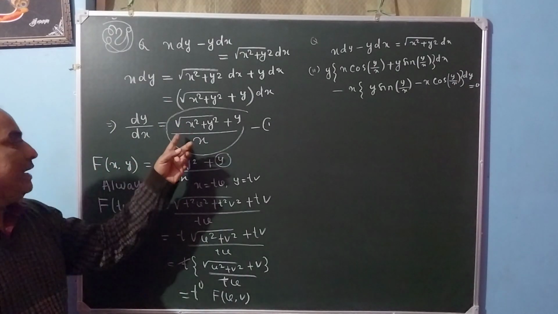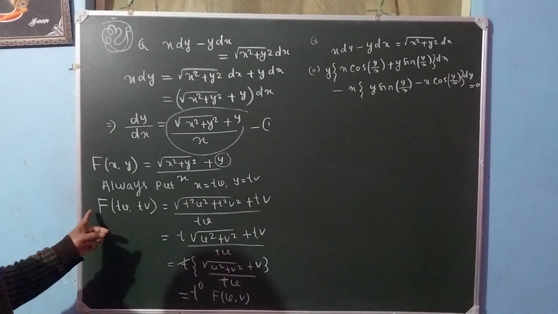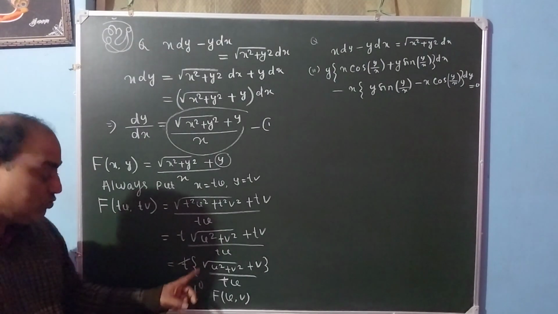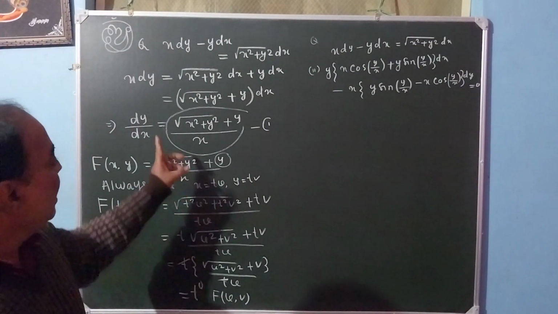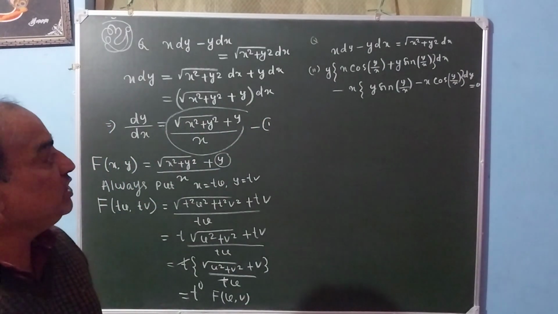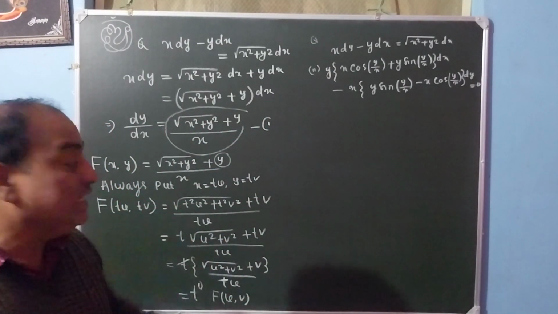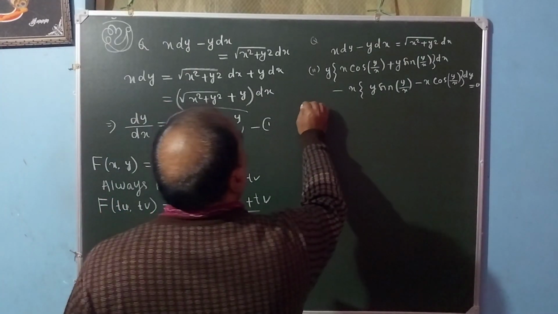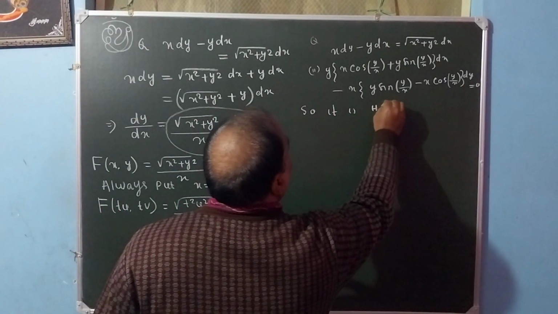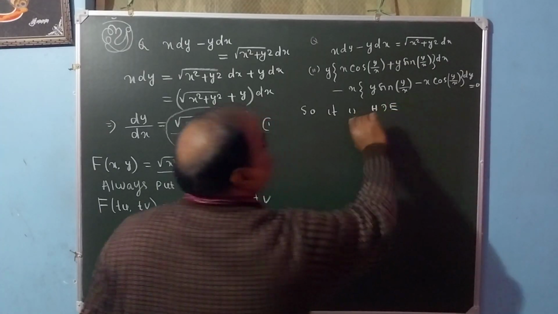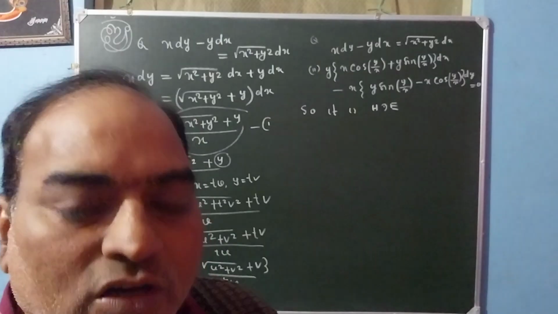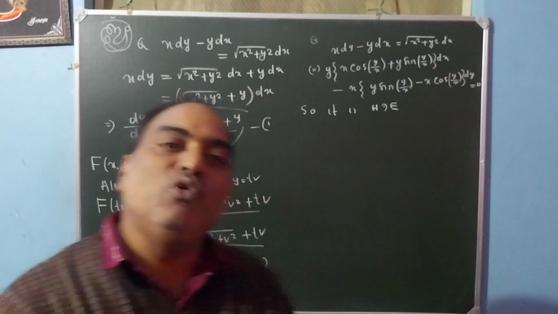When an expression is expressed in the form f of tu,tv is equal to t to the power 0 f of u,v, at that time it is treated as a homogeneous differential equation of degree 0. So write down, it is a homogeneous differential equation. For a homogeneous differential equation, always put y is equal to vx.